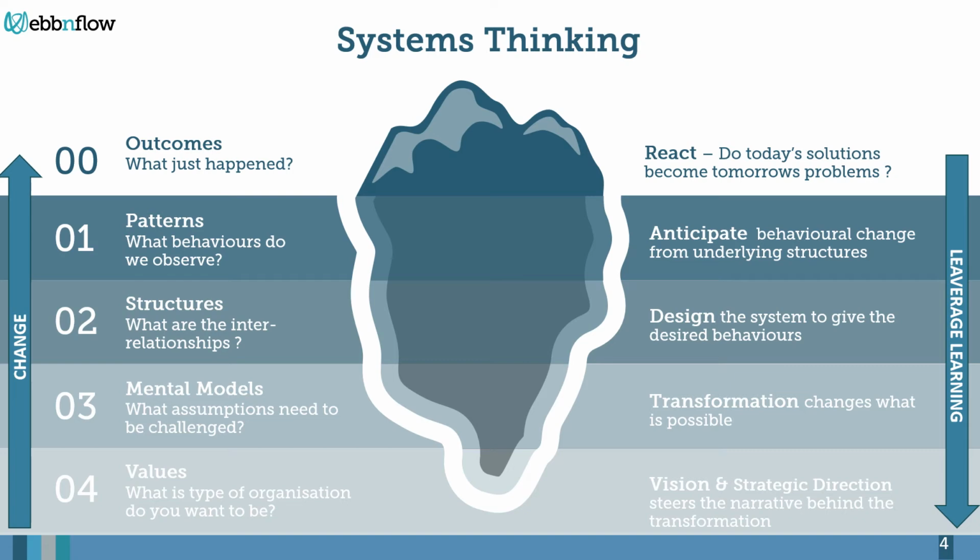And these structures in turn are built on mental models or assumptions organisations make about human behaviour. For example, leaders might think that they should make all the decisions and build a decision-making process based on this view, which in turn determines the structures, the patterns of behaviour, and so the outcomes.